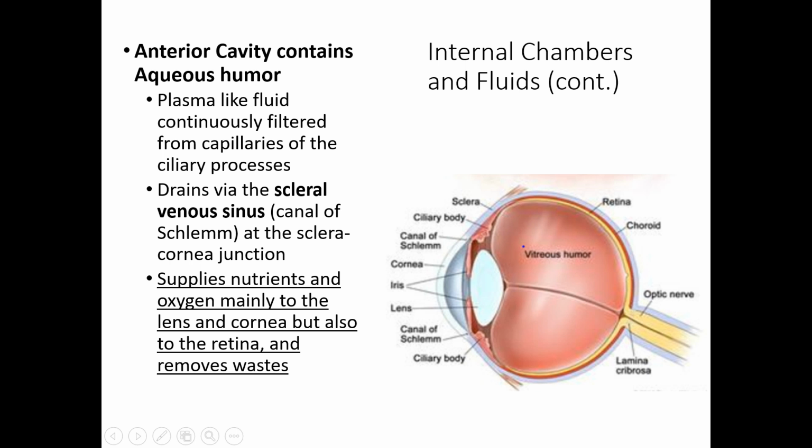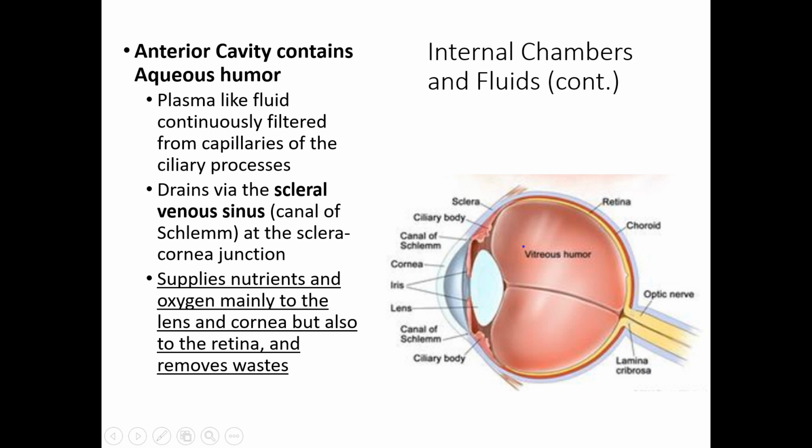In the anterior cavity, in both chambers, there will be aqueous humor. There are no blood vessels here, and those structures like cornea, iris, and lens still need their wastes to be removed. They need oxygen, they need nutrients.